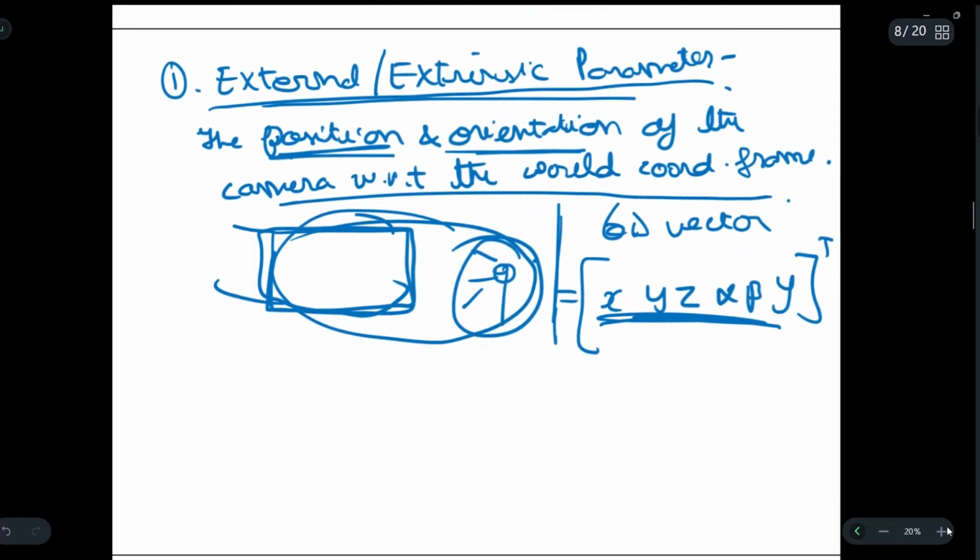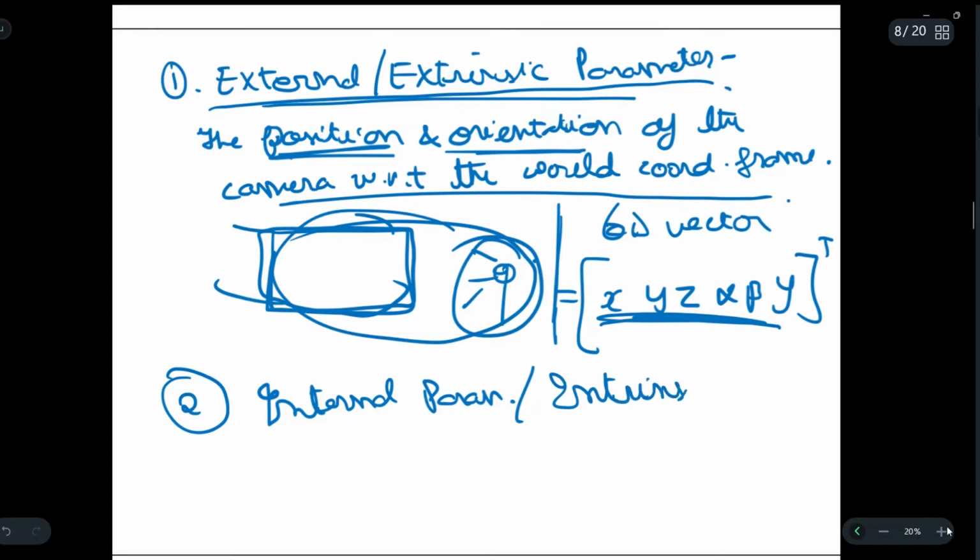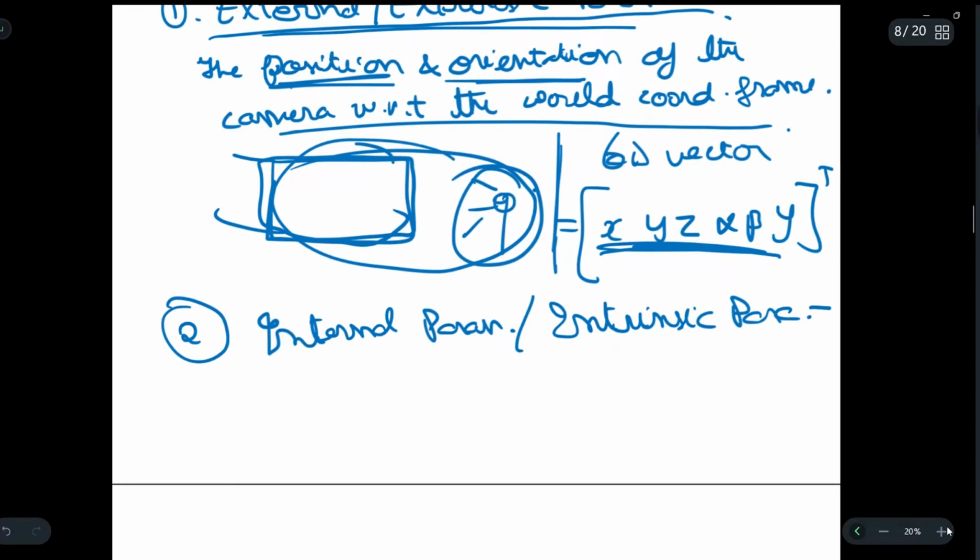Now, the second most important parameters are the internal parameters, also known as intrinsic parameters. What do we mean by intrinsic parameters?